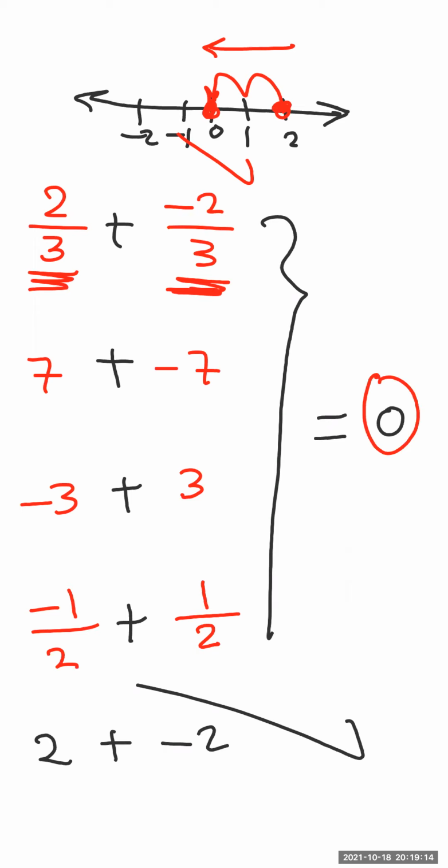So what do you think about 0 itself? What will be the additive inverse of 0? 0 doesn't have an additive inverse. Why? Because 0 is neither positive nor negative. Okay, but now there is one important concept.